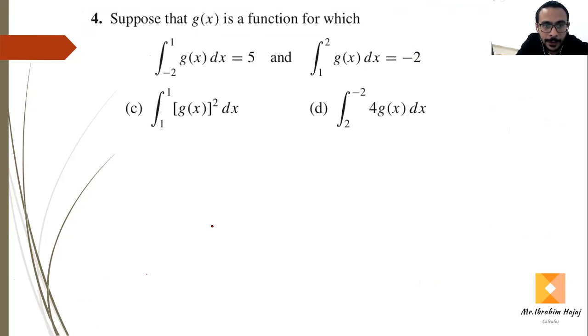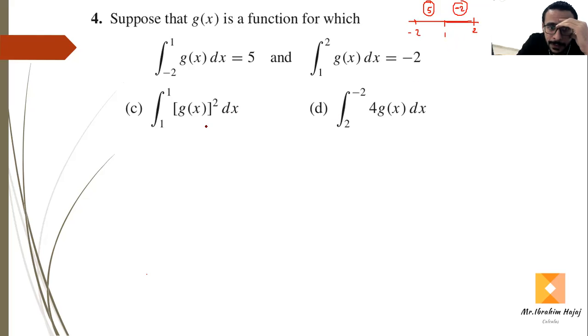Same here. Yes, same question in letter C and D. The same, guys. I want you to solve these two questions quickly. From 1 to 1, the function is given from -2 till 2, bounded between -2 and 2 on the closed interval. From -2 till 1, we said it's 5. And from 1 to 2, it's -2.